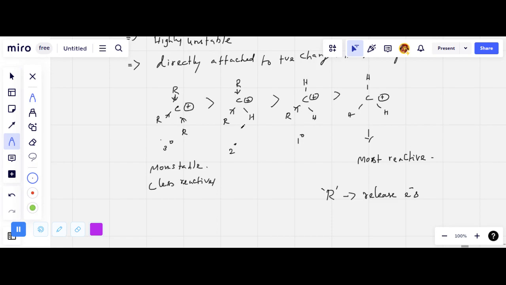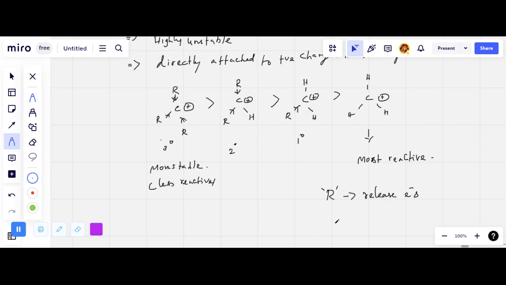Comparatively it is less stable, but it is still stable. In the same way, if you take a primary, it has only one alkyl group, which releases electrons to this carbocation and makes it stable, but less stable than secondary.